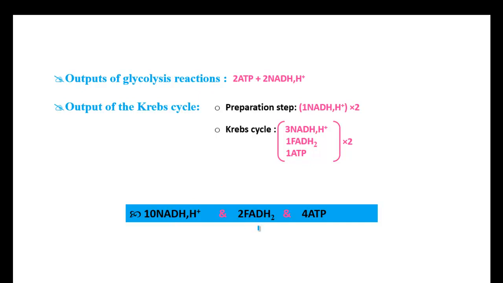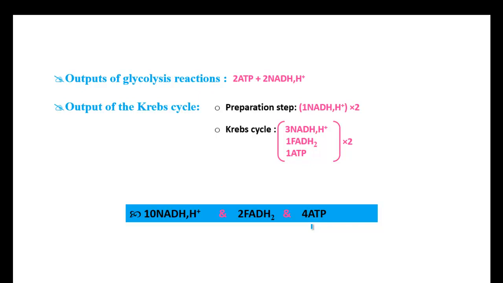So what our cells do is take these electron transport molecules and convert them into ATP so that our cells can use them. Now the question is how our cells are going to convert NADH and FADH2 into ATP, and where that is going to happen.